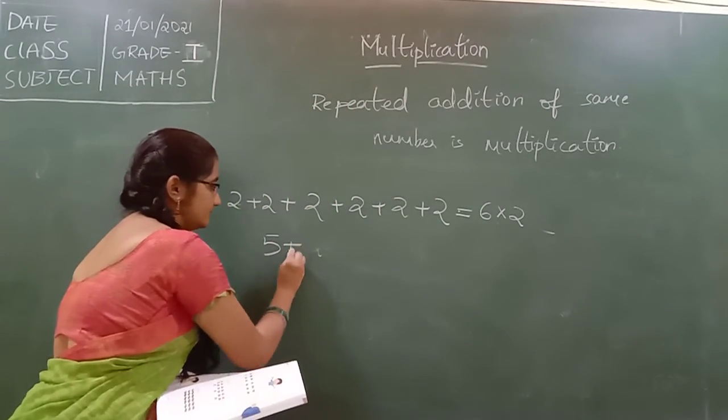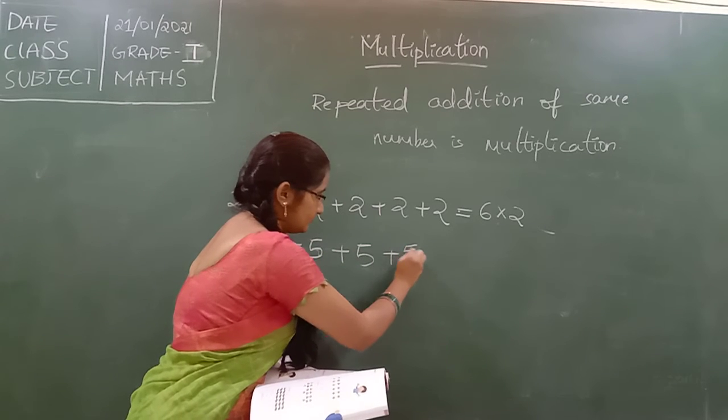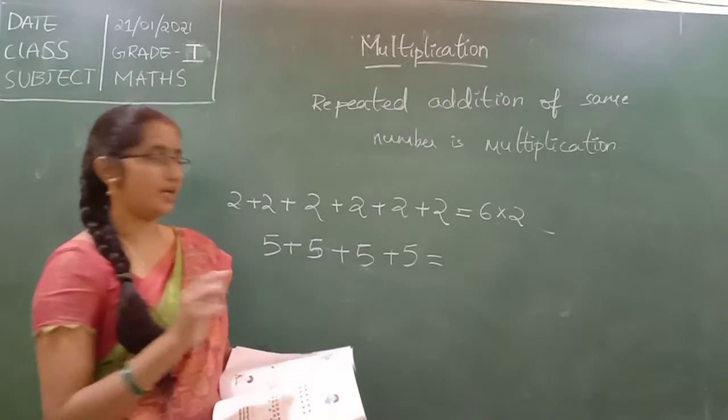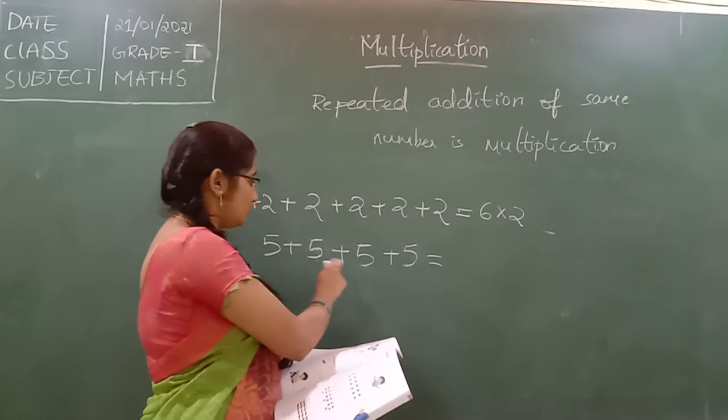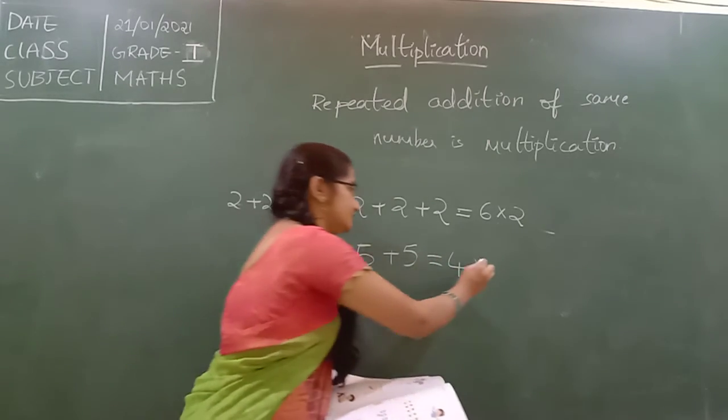Next we have 5 plus 5, 5 four times. 1, 2, 3, 4. 4 into 5.